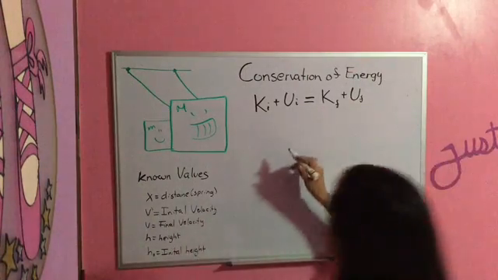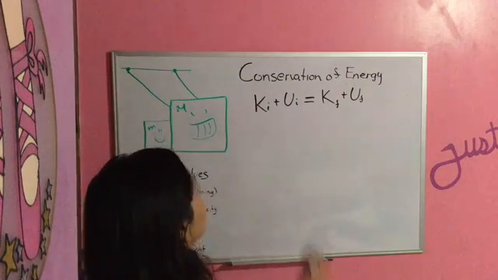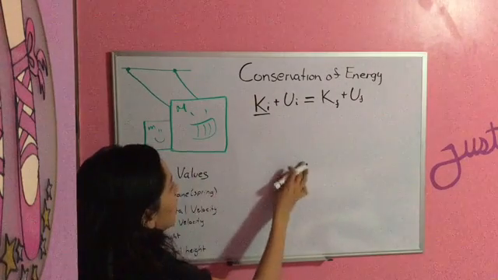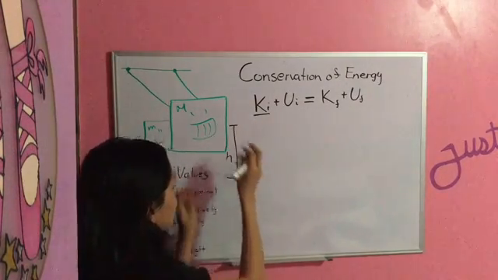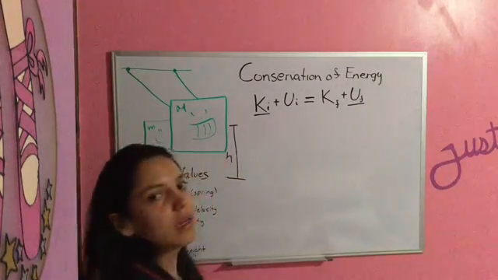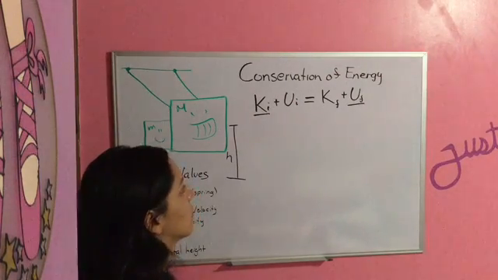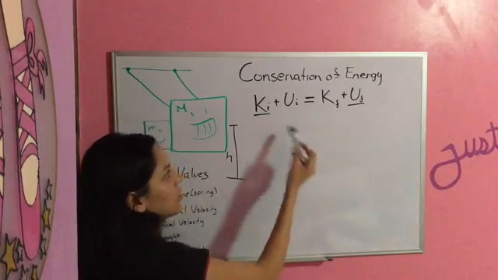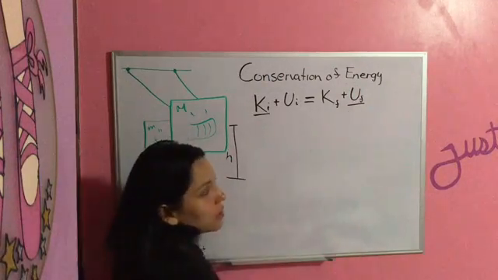We know that these blocks are already moving because we already had their velocity, so they have kinetic energy. And then they'll end up at a certain height and they'll stop, so they will have potential energy. In the first case we went from potential energy to kinetic energy, and now we're going the other way around, from kinetic to potential.